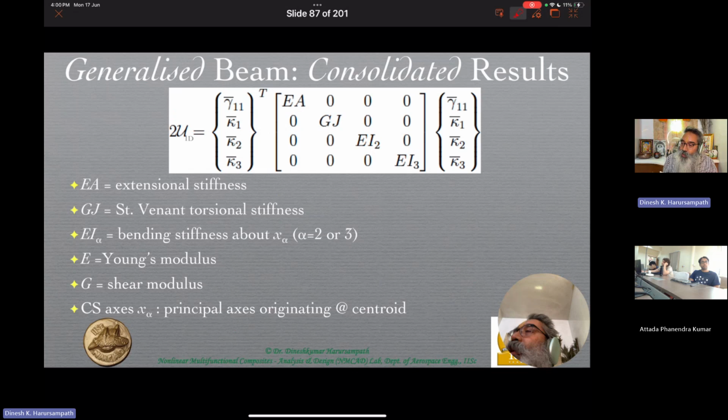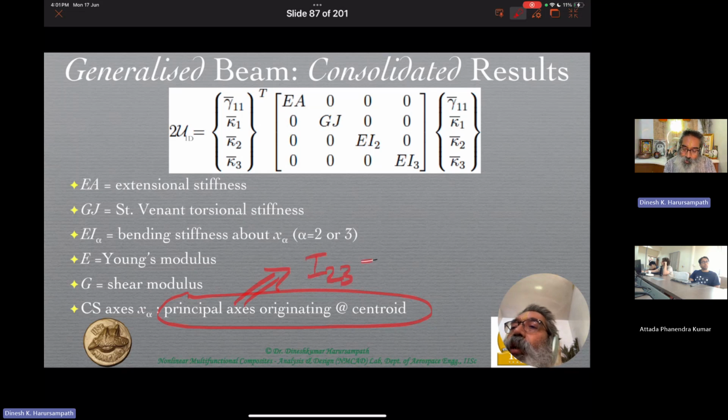All of that means that you have to appropriately get to the point which defines a cross section and join those points to get a beam reference curve in the undeformed geometry. In this particular case, we are just taking the principal axis originating at the centroid, and therefore, because it's a principal axis, you would have your I23 going to 0, which is why you see these zeros over here.